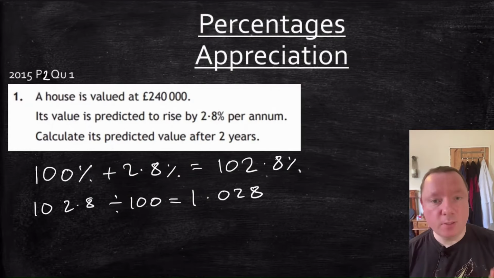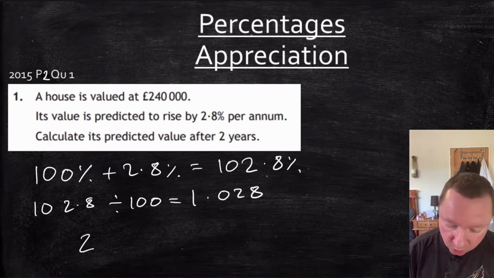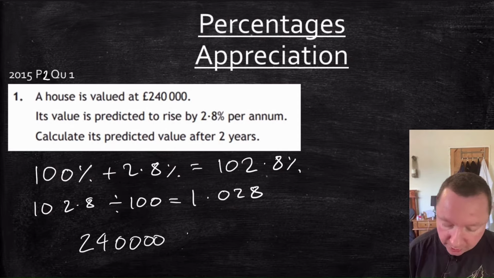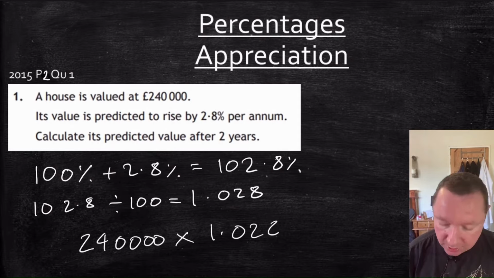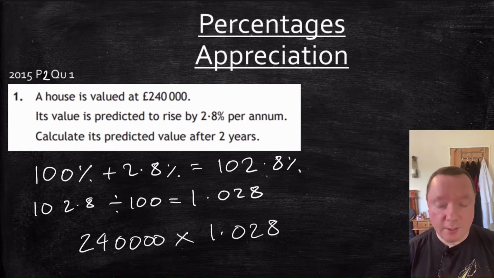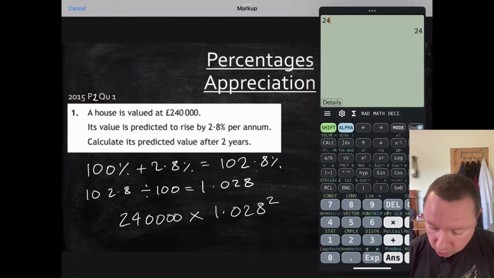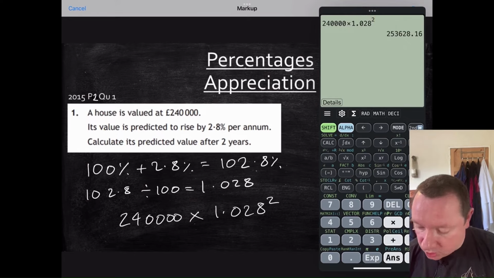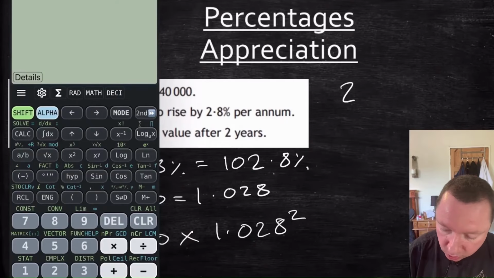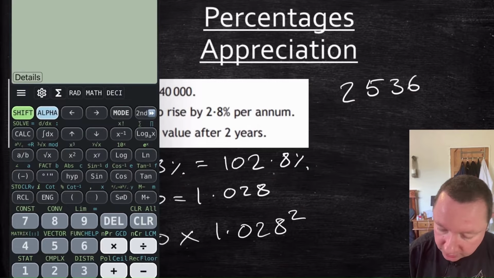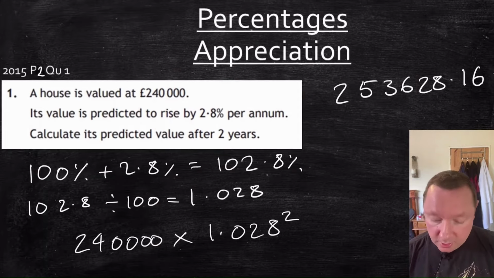So that is my key number, that's my multiplier, because now what I'm going to do is take my £240,000 times my multiplier, and it's to the power of however many years of the time frame, so in this case 2. 240,000 times 1.028 to the power of 2. And I get 253628.16. Last thing, don't forget your pound sign.